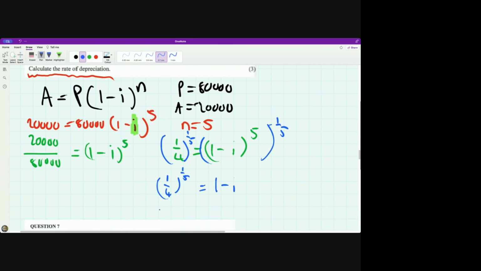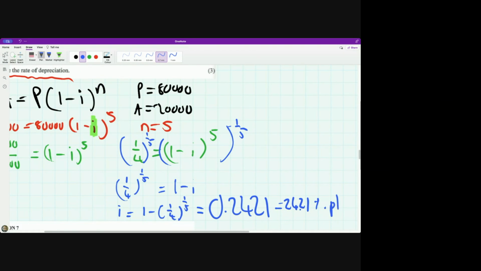Then if I bring the I to this side, I'm going to get 1 minus a quarter to the power of a fifth. And what are we getting for that? Help me in the chat. 1 minus fraction button, 1 over 4, close fraction, to the power of, open up a new fraction, 1 over 5 equals, and we get 0.2421, which is the same as 24.21% per annum.